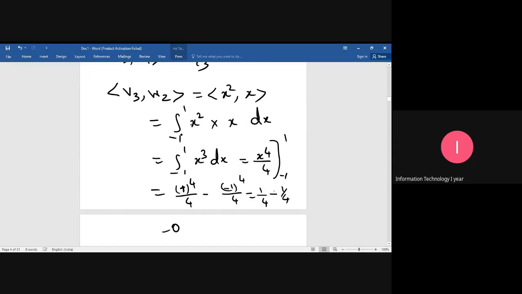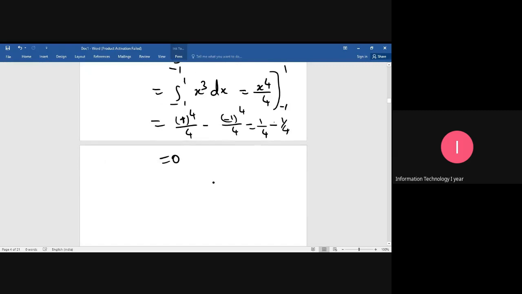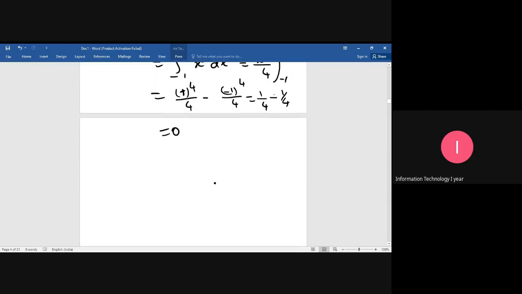This is an odd function, and we know how to identify odd and even functions: replace x by minus x. If f of minus x equals minus f of x, it is an odd function. If f of minus x equals f of x, it is an even function. So the inner product of V3 comma W2 is equal to 0.